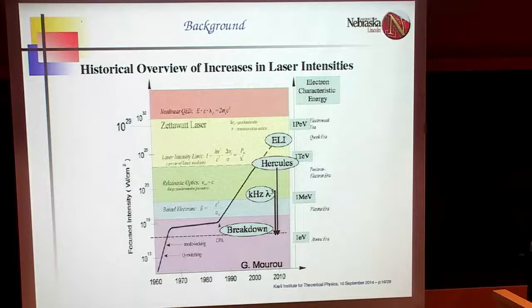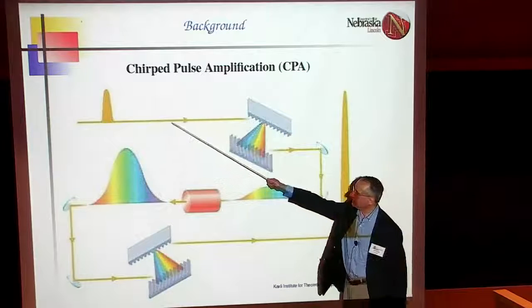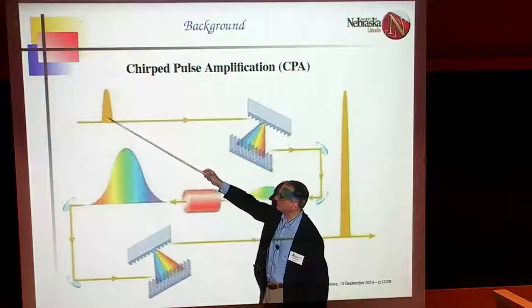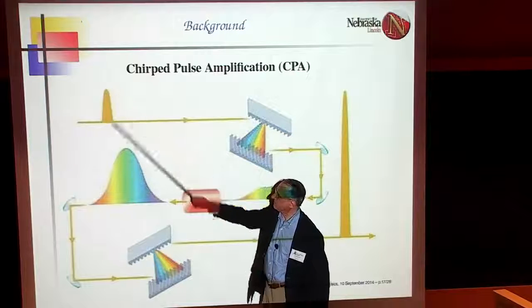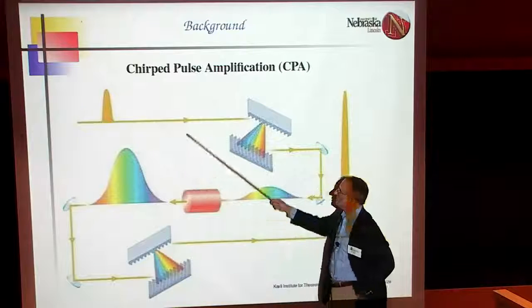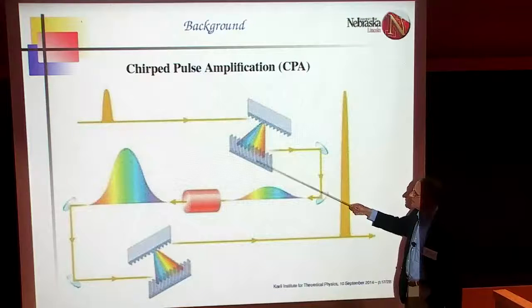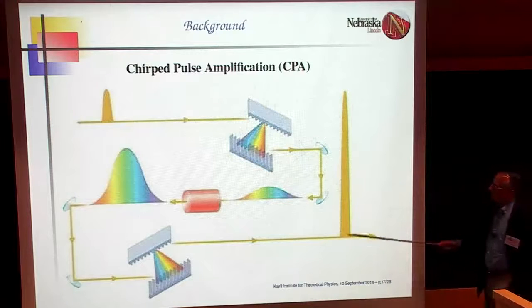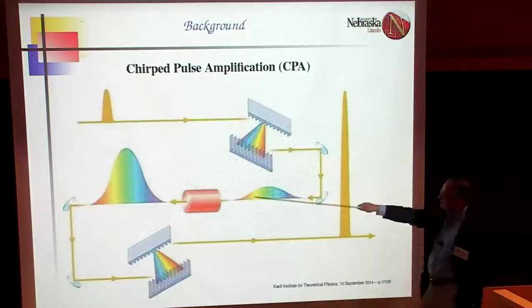And that was solved with chirped pulse amplification, in which Gerard Mourou and Donna Strickland decided to take a laser pulse that you want to amplify, make bigger, and send it through a grating which separates the colors. That's what gratings do. They separated the colors in time.